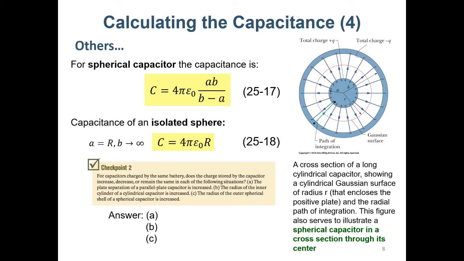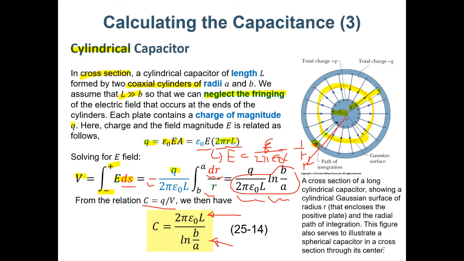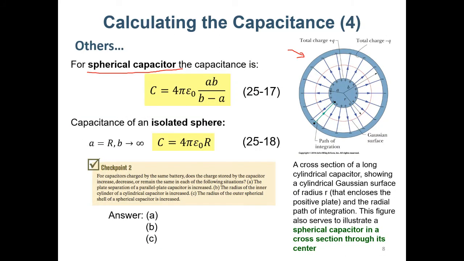So, yeah, there is some other capacitor called the spherical capacitor. I don't derive it here, but actually this is not difficult. Although this one looks very similar to that one, this one is actually different.